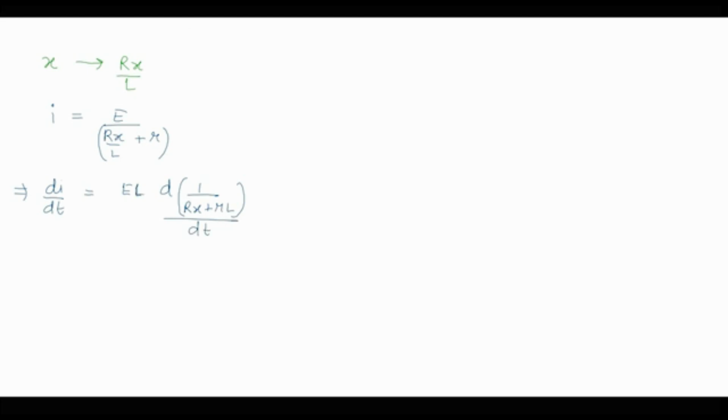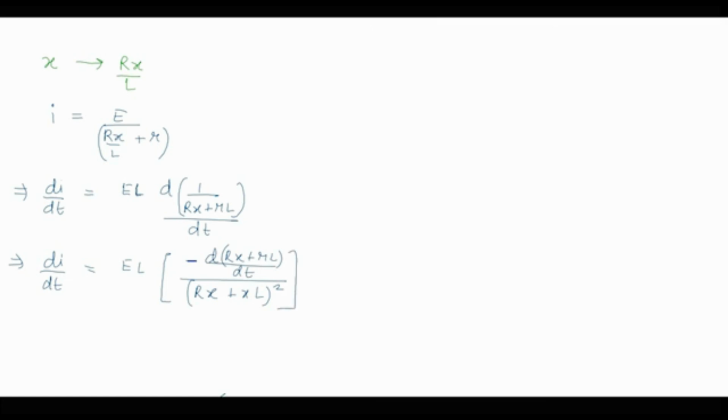If we solve this expression, we get di by dt equal to E L, and differentiating this expression, we get Rx plus rL whole square in the denominator, with a minus of the derivative of Rx plus rL with respect to dt.